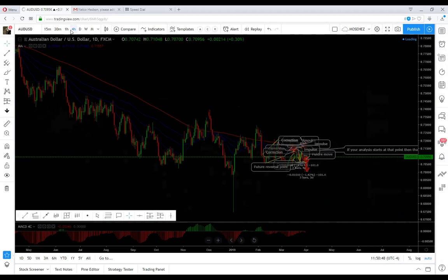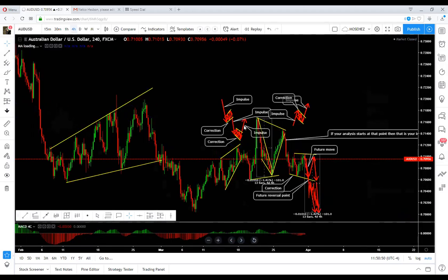These moves happen daily. I think this one we talked about it. Then we talked about it.